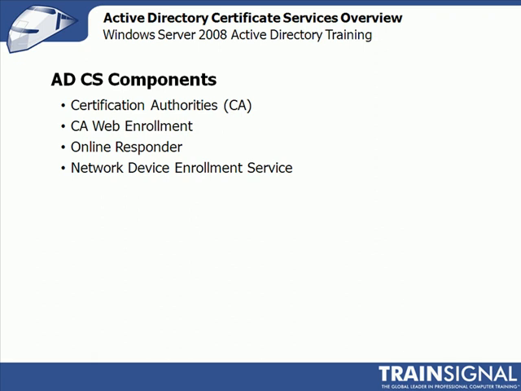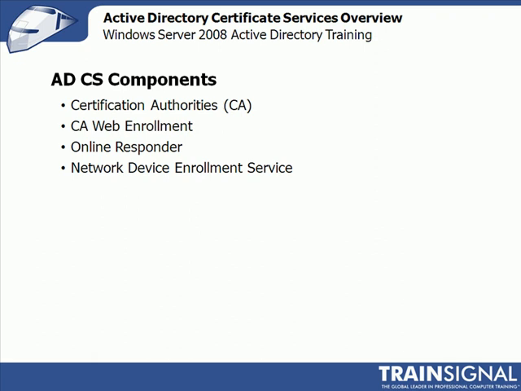What this basically means is, even though we just finished talking about using CA Web Enrollment for downloading a CRL, the Certificate Revocation List, now through the use of the Online Responder, we have a process that is much faster and more efficient than using CRLs. This is something that is new to Windows Server 2008, and when used, will save time over having to always download the full Certificate Revocation List, or CRL.